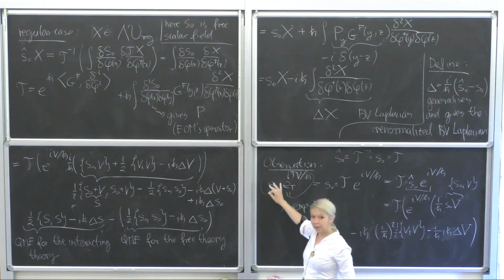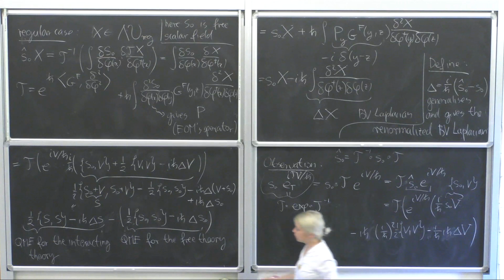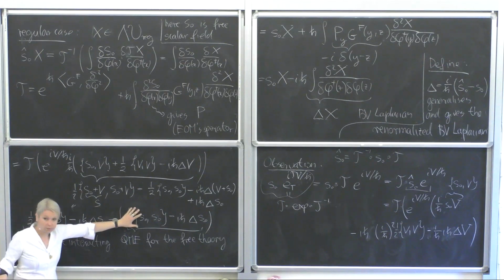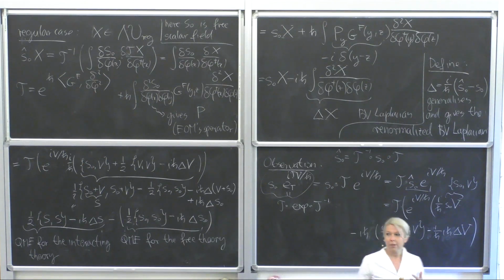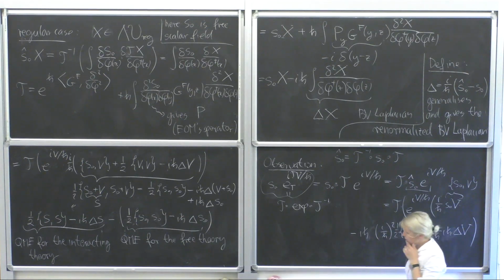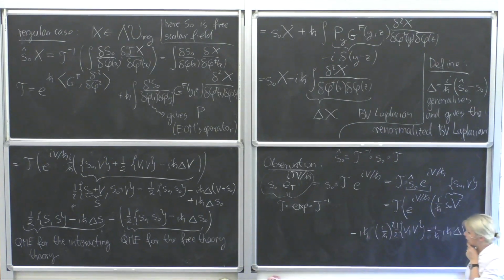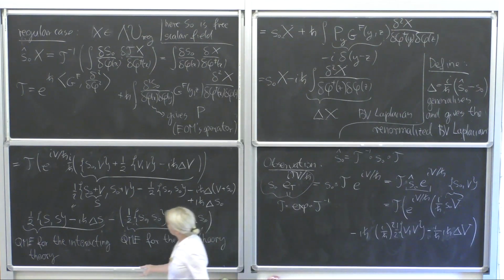But this invariance of the S matrix actually spits out a condition that can be formulated in terms of the full S, if I was clever enough to choose my free theory to satisfy the quantum master equation. So that's an observation. Now, I'm going to show you why this is a useful observation.